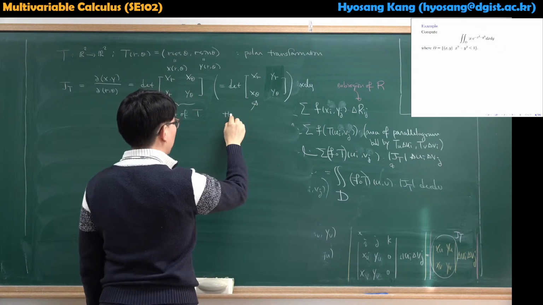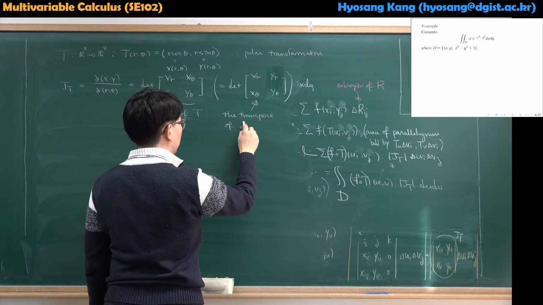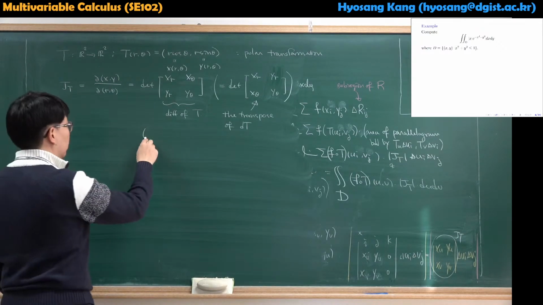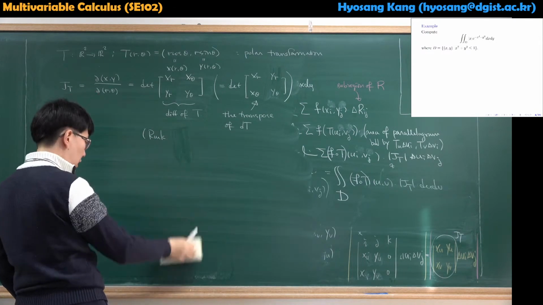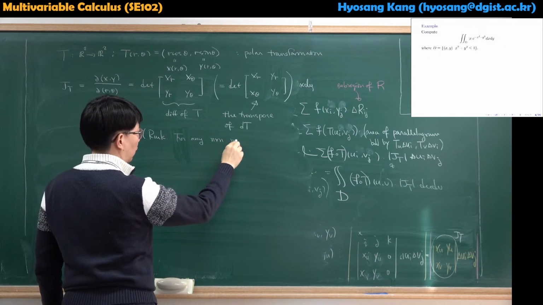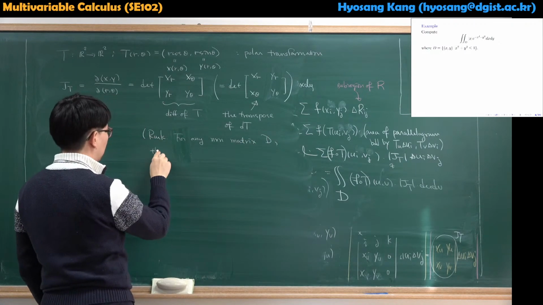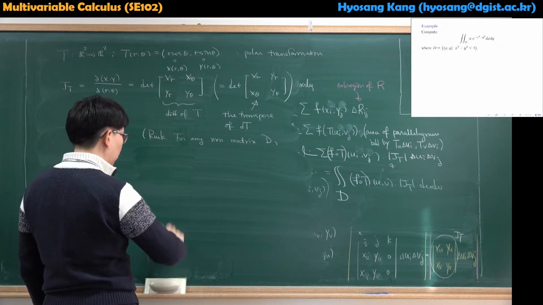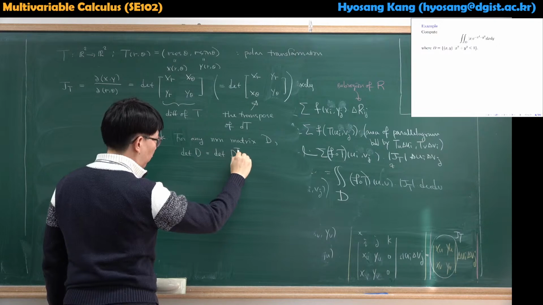So this is the transpose of the differential of the transformation. So the remark is that for any n by n matrix, let's say D, we always have the determinant of D equal to the determinant of the transpose of the matrix.